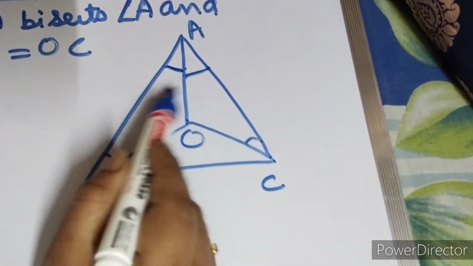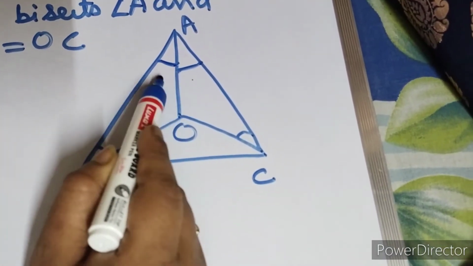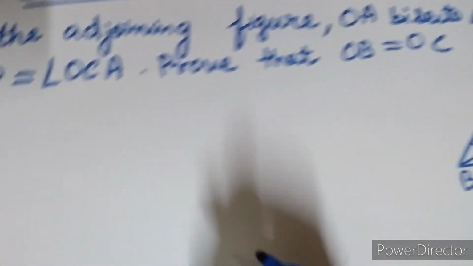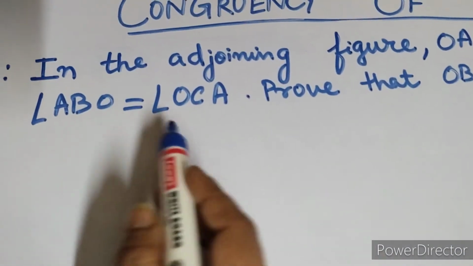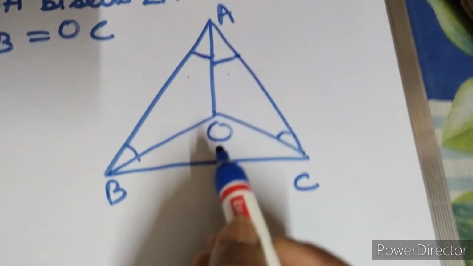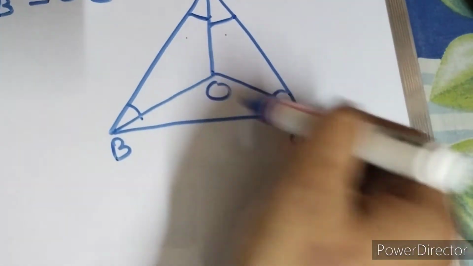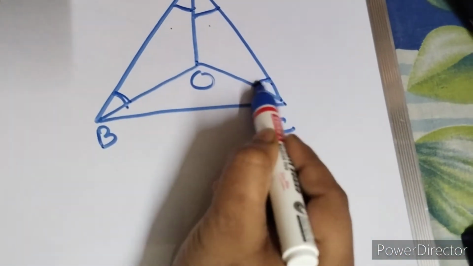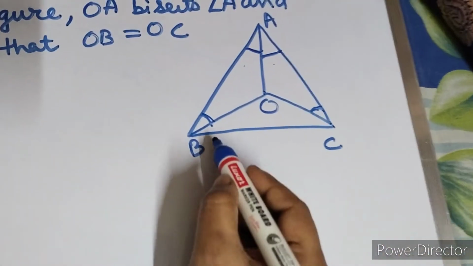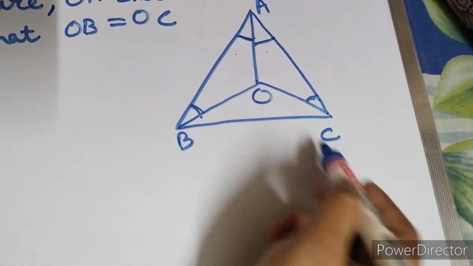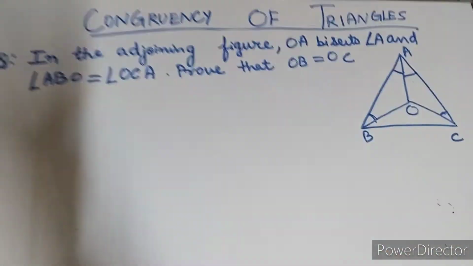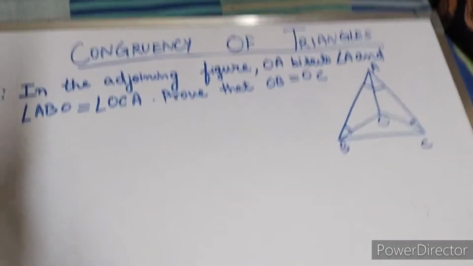Angle ABO and OCA will be equal. ABO and OCA means this angle and this angle are equal. If OBA and OCA are equal, then we have to prove that OB equals OC. See, this is the question.